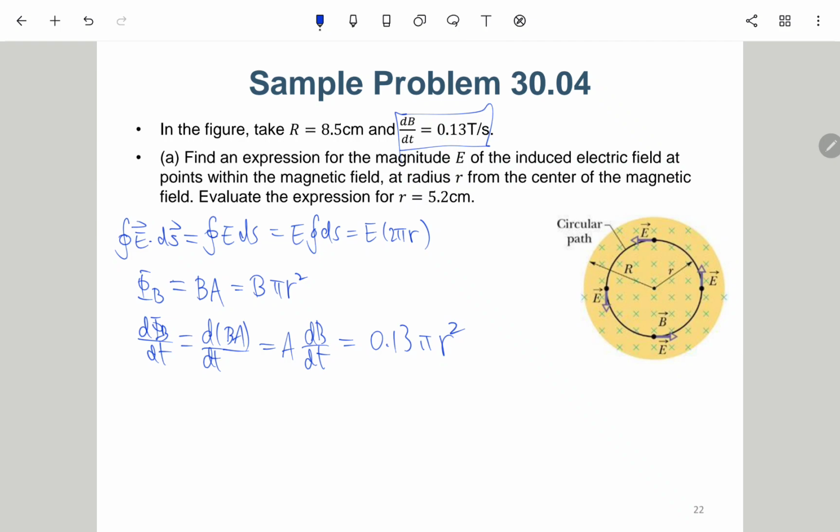So in such a way we have the integration of E dot ds equals negative d phi B dt. On the left side it is E times 2 pi r, and on the right we have negative 0.13 pi r squared.